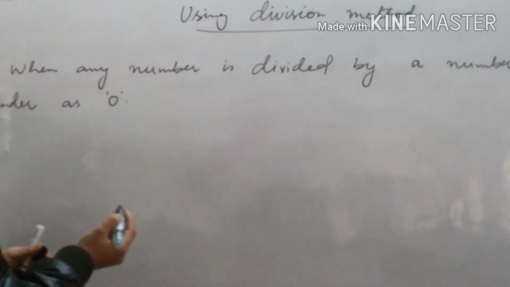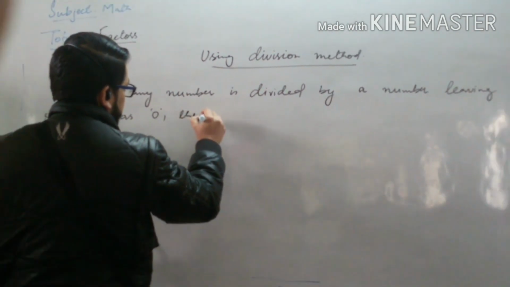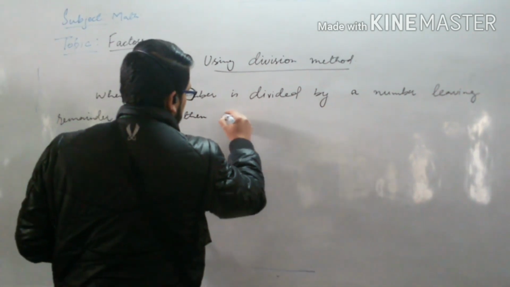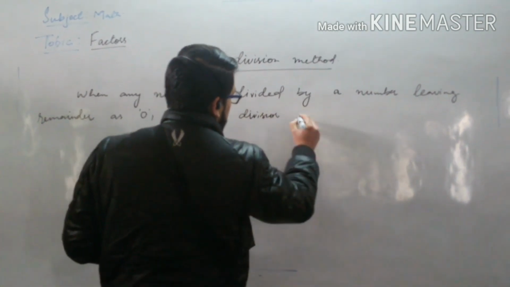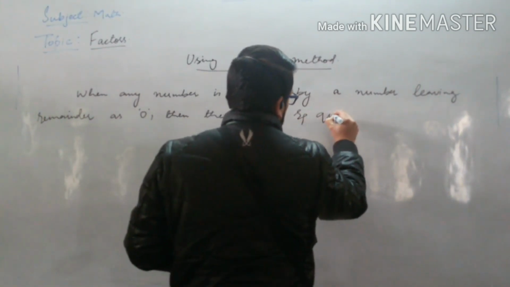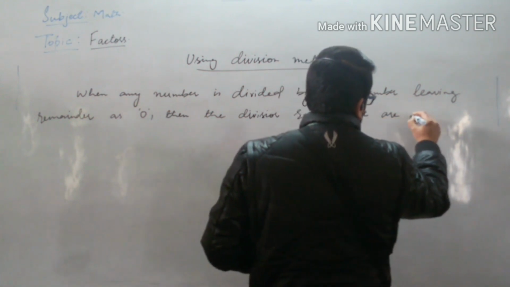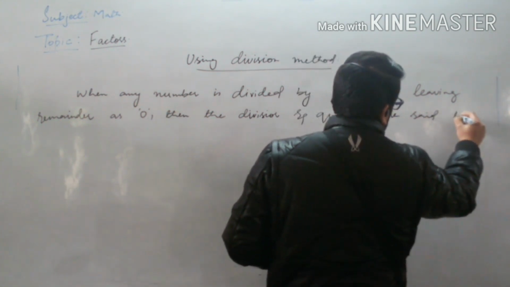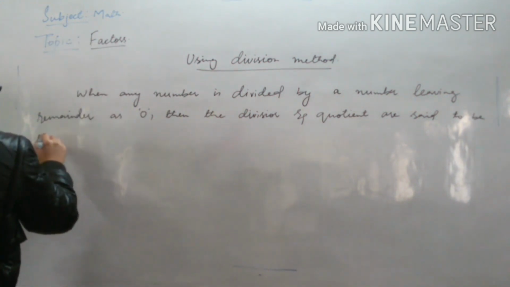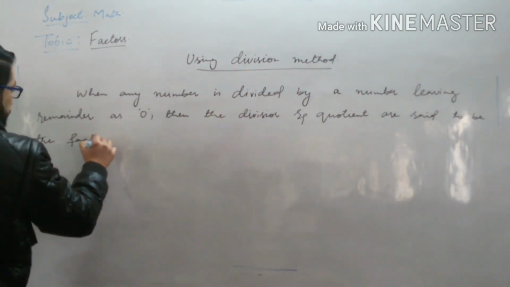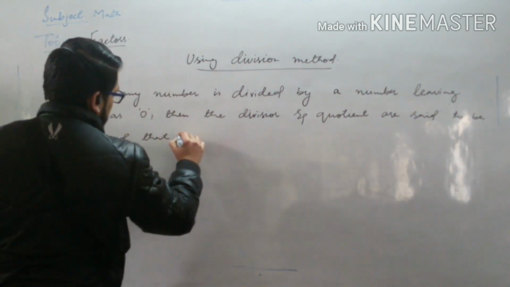when any number is divided by a number leaving remainder 0, then the divisor and quotient are said to be the factors of that number.